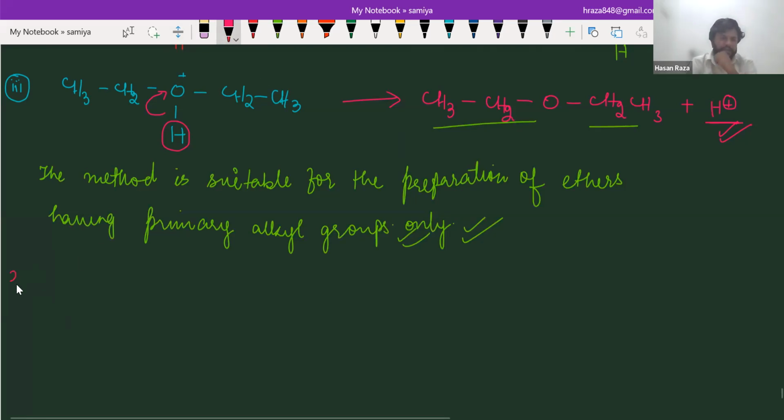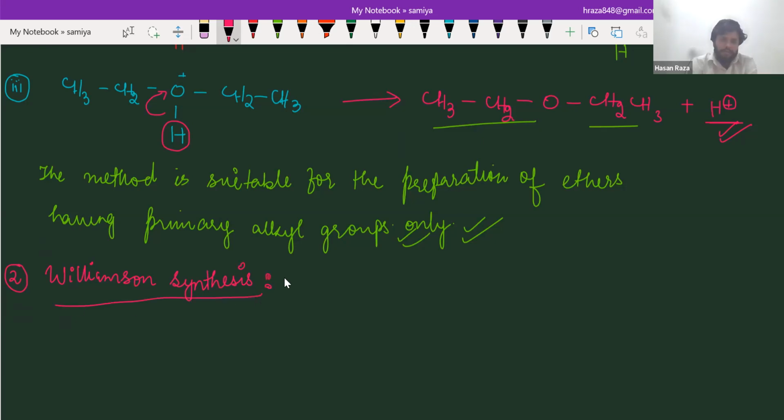And then write the next process or method, that is Williamson synthesis. Please do write it.